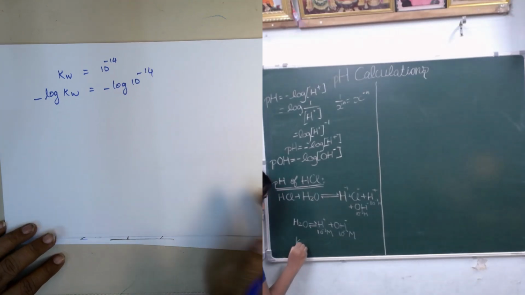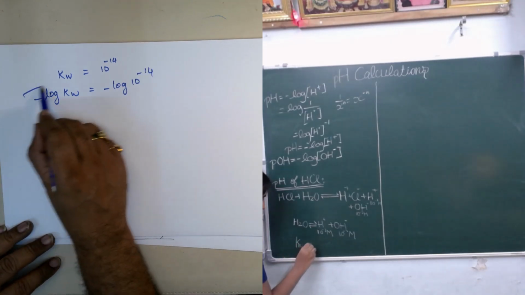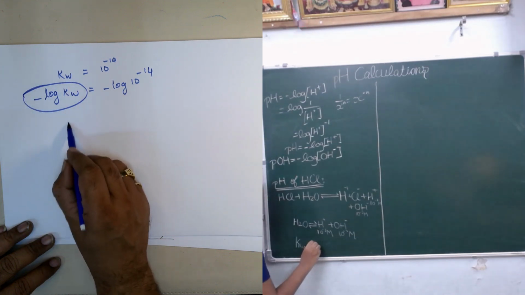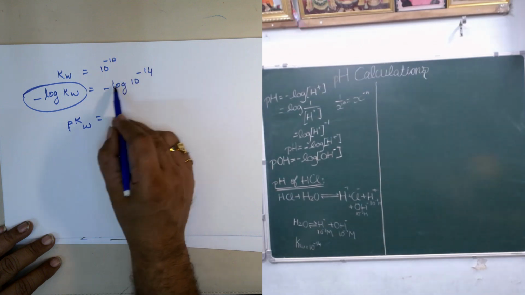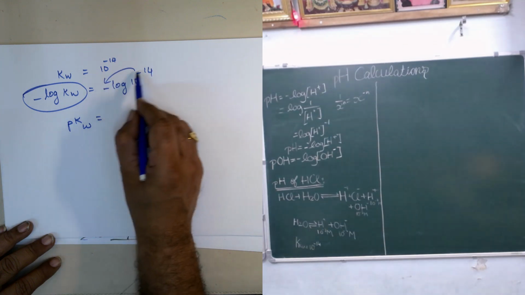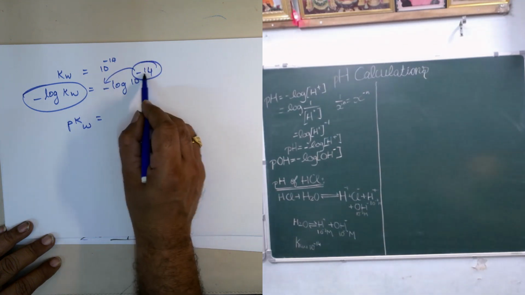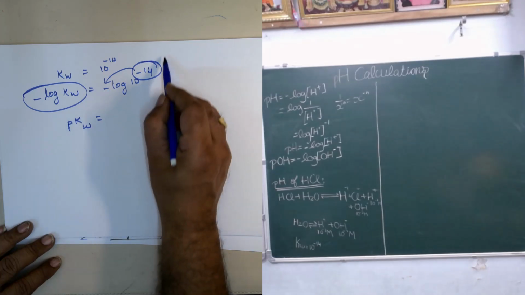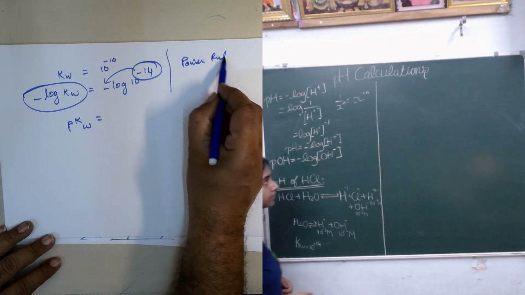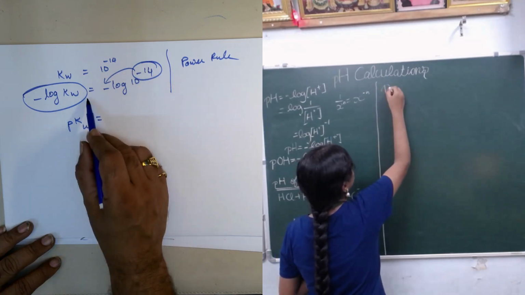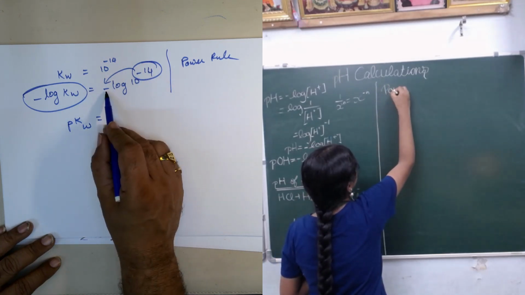So in that case, negative log Kw can be called pKw. And you can bring this minus 14 to the coefficient, according to the power rule of log.